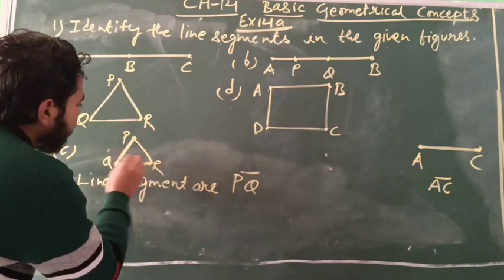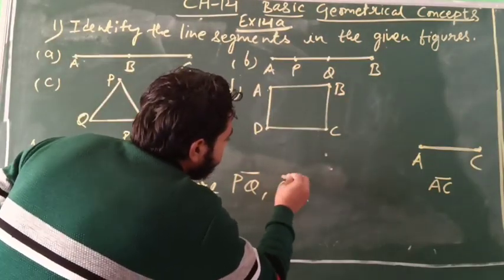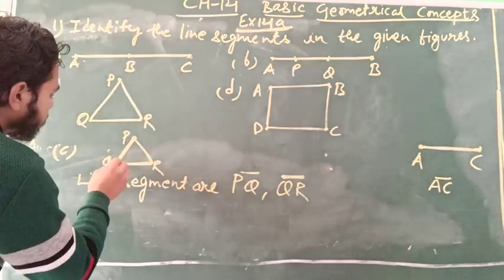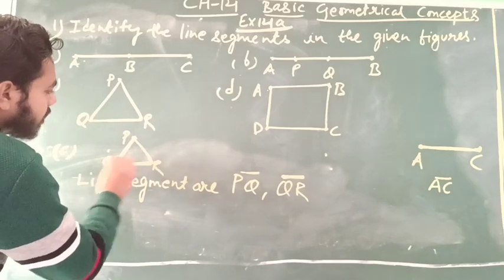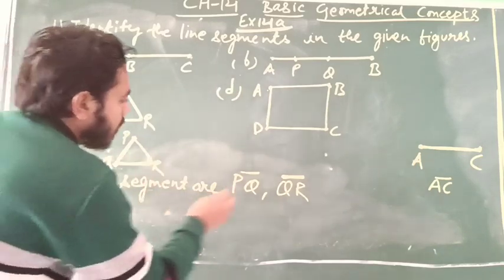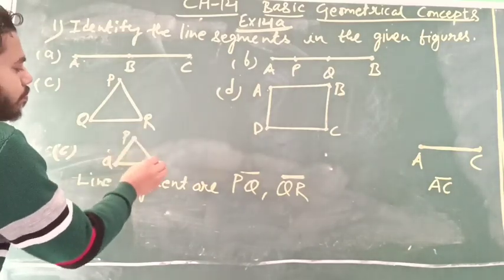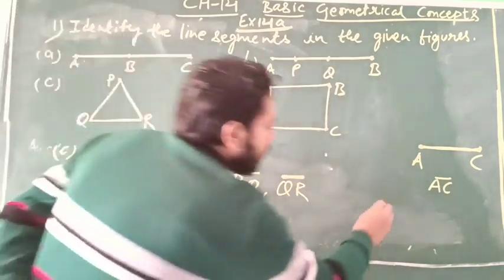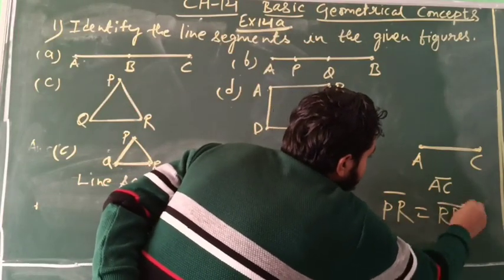If we join Q and R, we get a line segment QR. PR and RP are both the same. PR or RP, both are line segments.